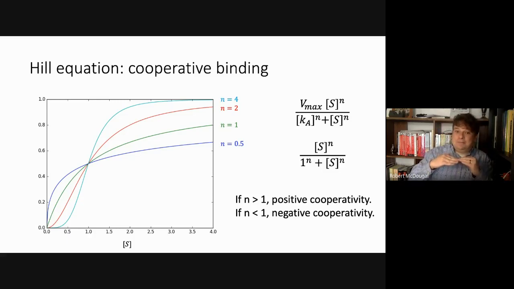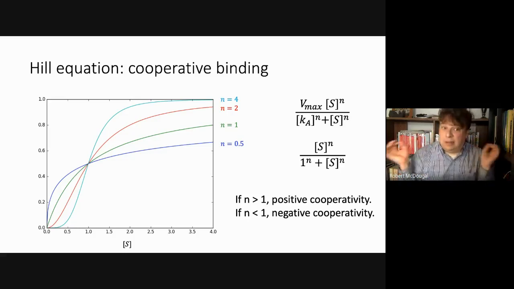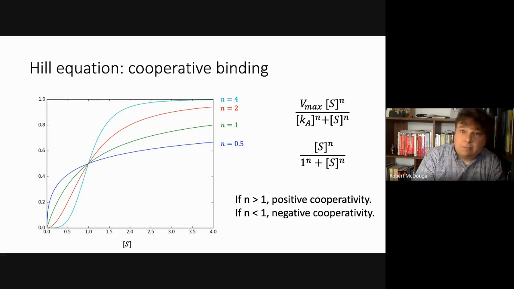But in any case, once I've bound to that first slot, does it make it easier or harder for the second molecule to come in and bind? Because now the protein, clearly it's not the same as it was before, right? There's a difference between a protein that has something bound and something that doesn't. So you would think it's going to change a little bit, at least. There's going to be some consequence of it.